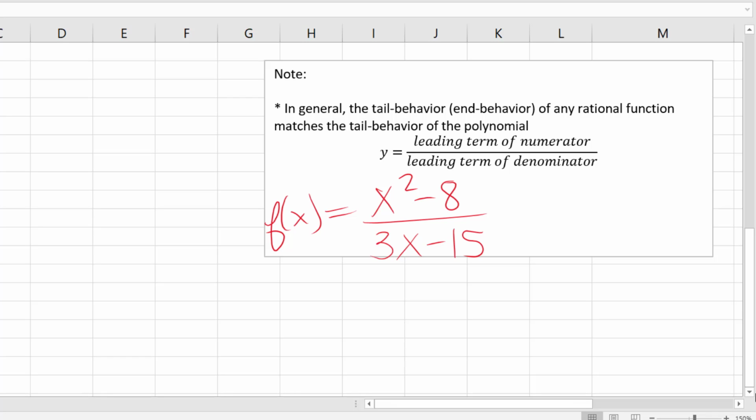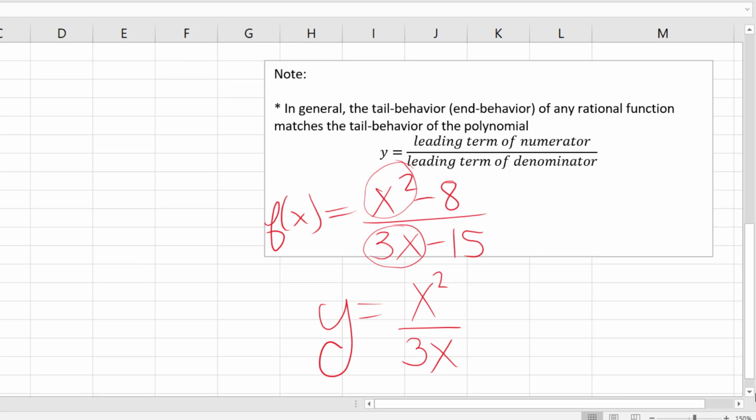The leading term of the numerator is the x squared. It's the term of highest degree in the numerator. The leading term of the denominator is 3x. It's the term of highest degree in the denominator. So to identify the end behavior of the function f of x, it would be x squared divided by 3x.